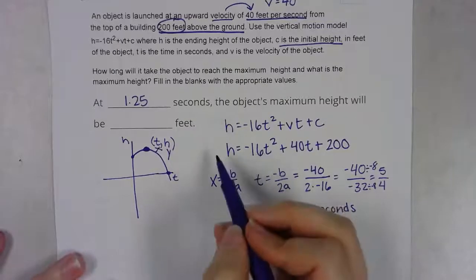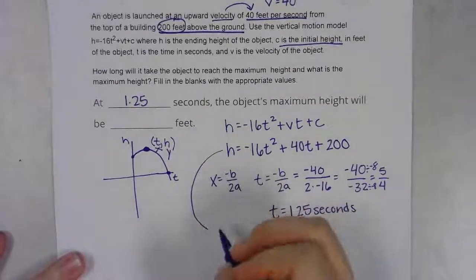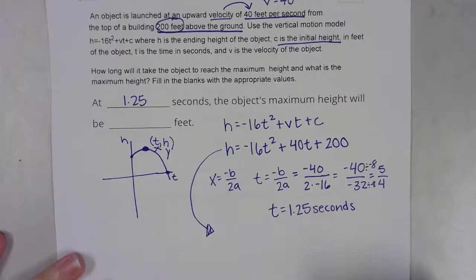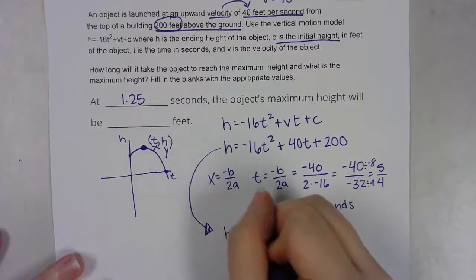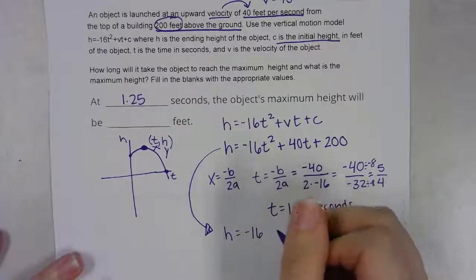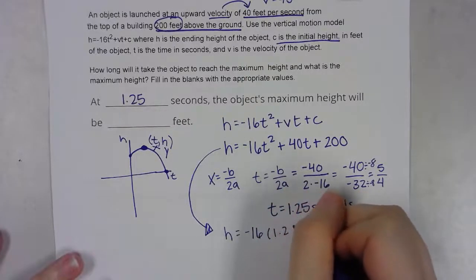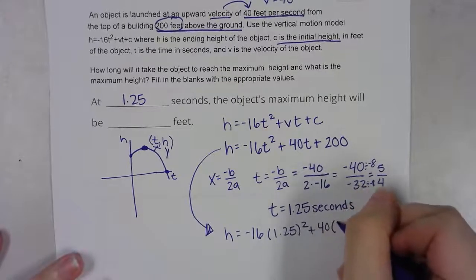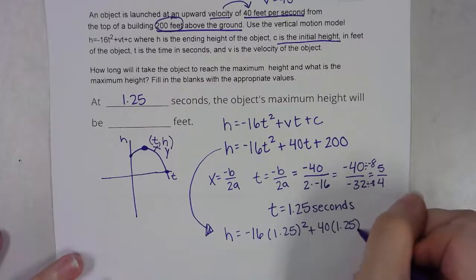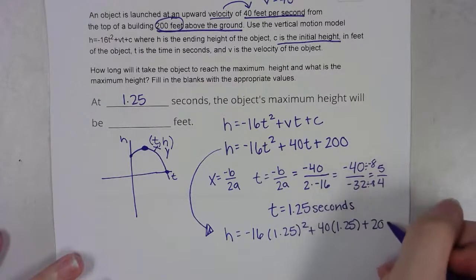So then I have a function here that I can use to find that maximum height. Now that I have a value for t, I can say h equals negative 16 times 1.25 squared plus 40 times 1.25 plus 200.